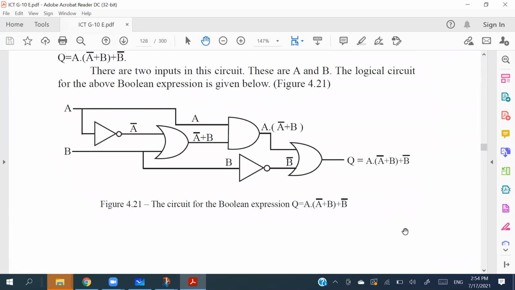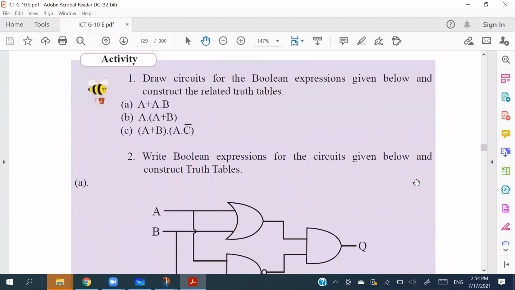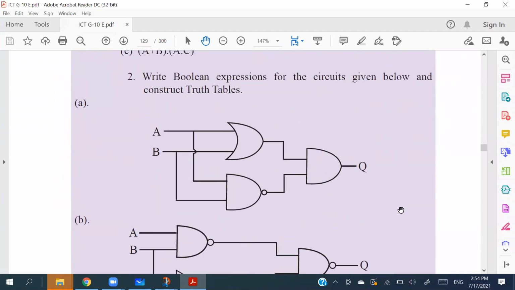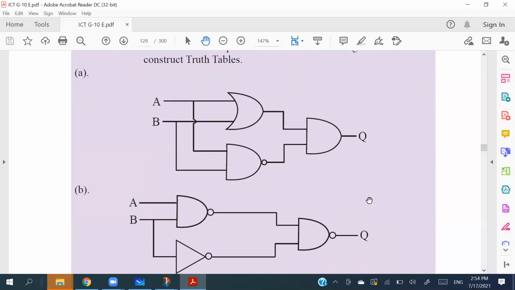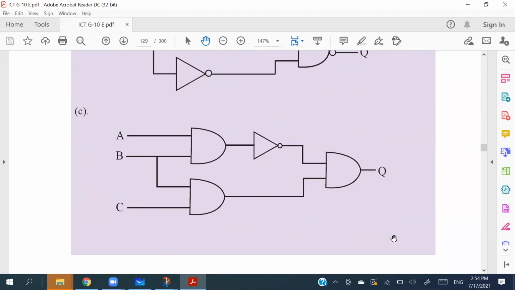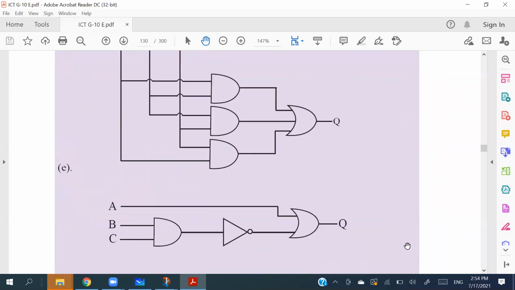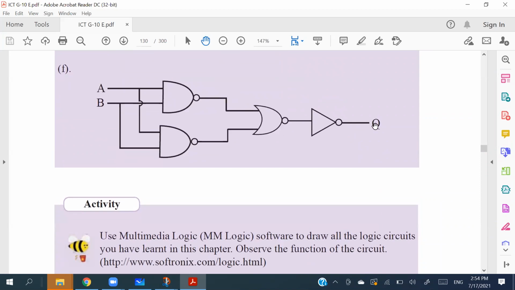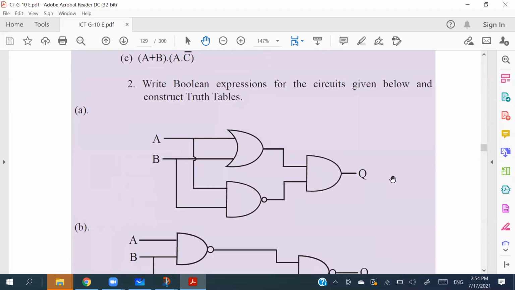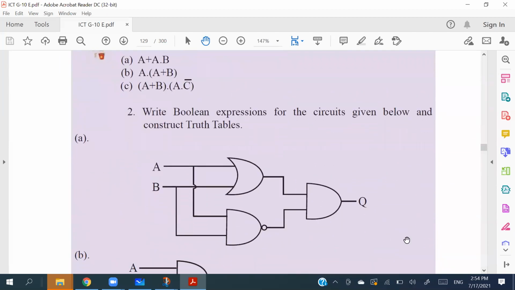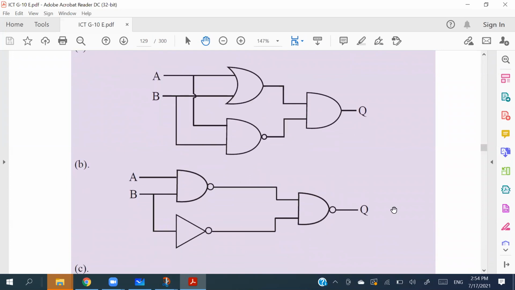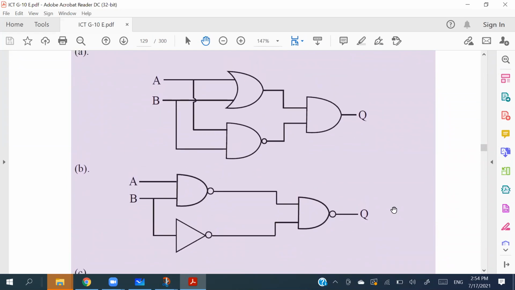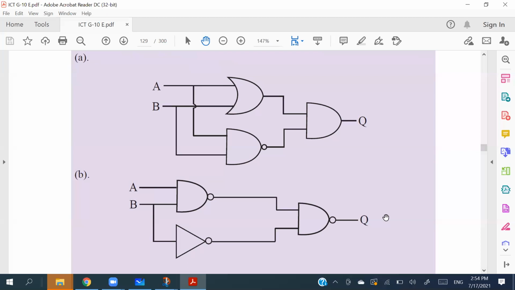Instead, let's do these activities today, so you can find out what the outputs are going to be. They have given different kinds of circuits here. I need the correct output, what should be in position Q. You all got these exercises with you, I hope. So start doing it, people, so we can discuss this.